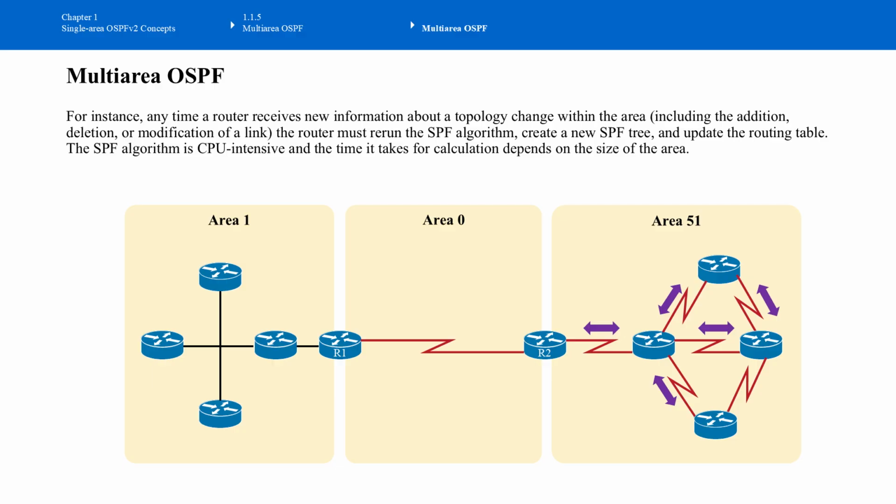For instance, anytime a router receives new information about a topology change within the area, the router must rerun the SPF algorithm, where SPF stands for shortest path first, create a new SPF tree, and update the routing table. The SPF algorithm is CPU intensive, and the time it takes for the calculation depends on the size of the area.